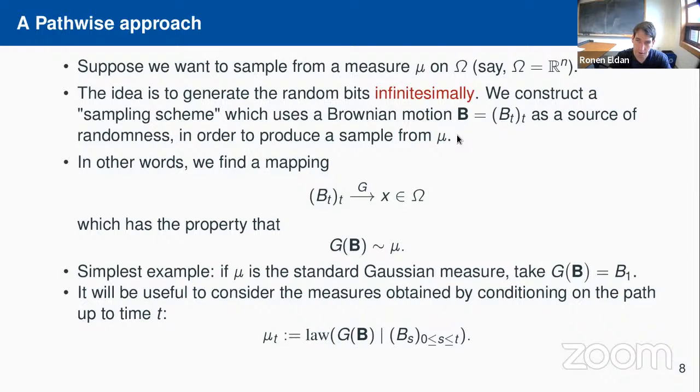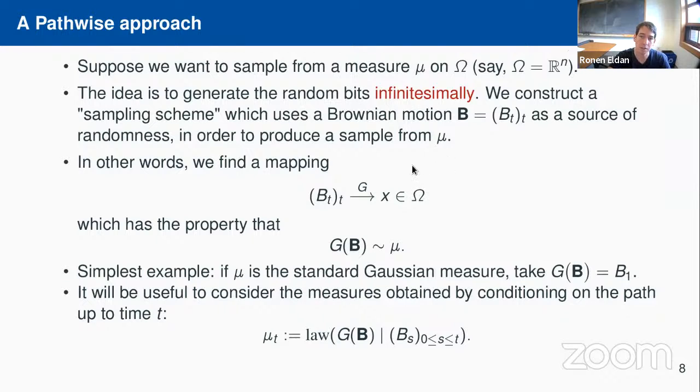The way we'll sample from it is we will use a Brownian motion as our source of randomness. So we take a standard Brownian motion B in R^k for any k, but think of B as being in R^n as well here.